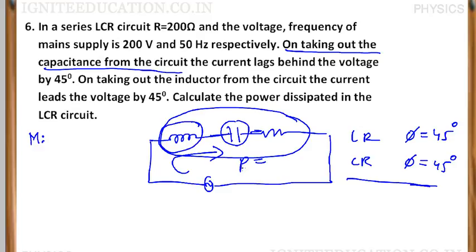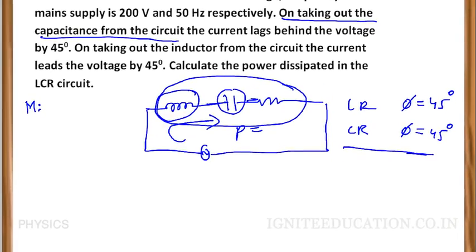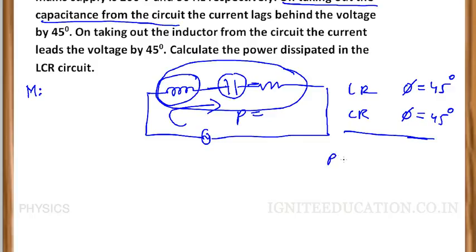Generally, at the resonant frequency, the power dissipation P is equal to Vrms square by R. We can't use this formula directly here because there is no resonant condition.